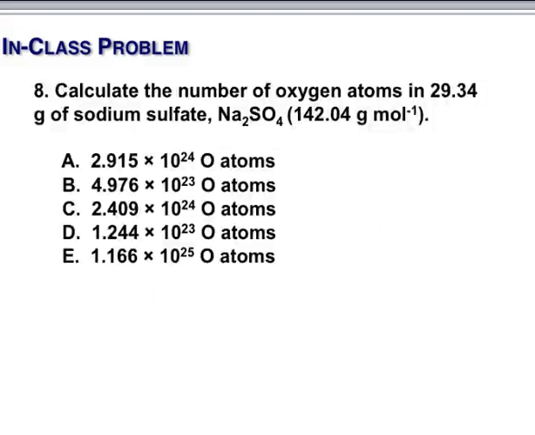It's 142. So if we had 142 grams of sodium sulfate, it would have 4 moles of oxygen, wouldn't it? And we know that every mole of oxygen would be 6.02 times 10 to the 23rd atoms. So that makes sense, right?